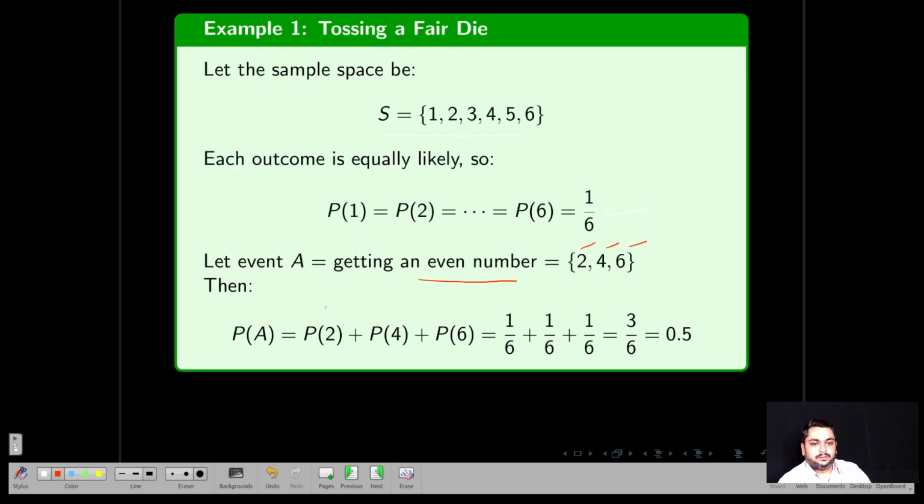I can get 2, I can get 4, or I can get 6 when I conduct the experiment. So this is the sum rule, right? 2 or 4 or 6, only one outcome can occur. So 1 by 6 plus 1 by 6 plus 1 by 6. This is how we calculate the probability.